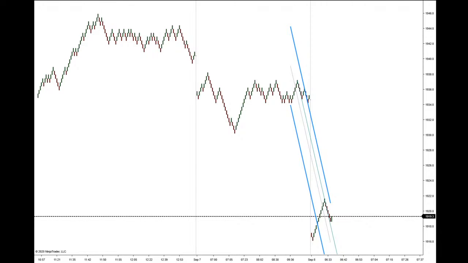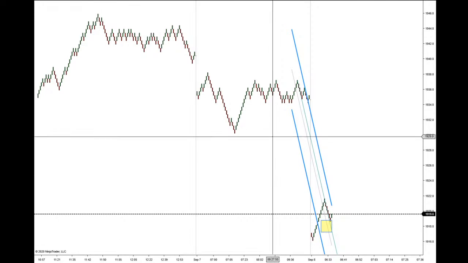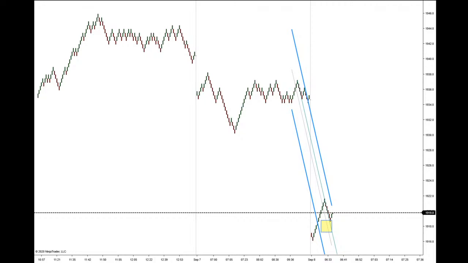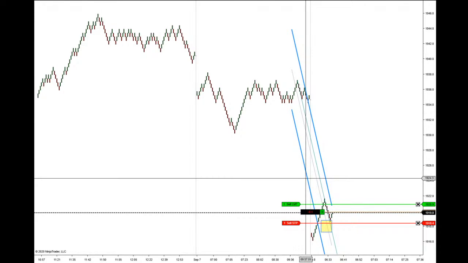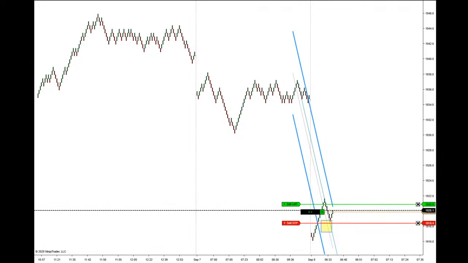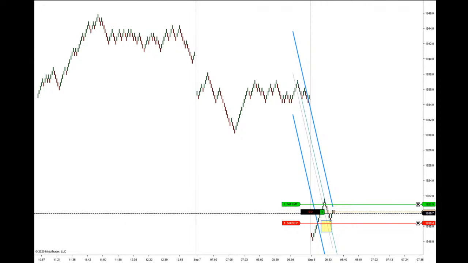Oh, exactly on target. 18.8. Right there. I'm going long. So I have two ATM strategies. I have a 10 tick with 15 tick stop, and then I have a 30 with a 25 tick stop.